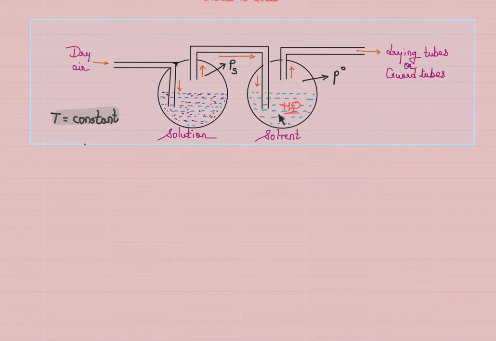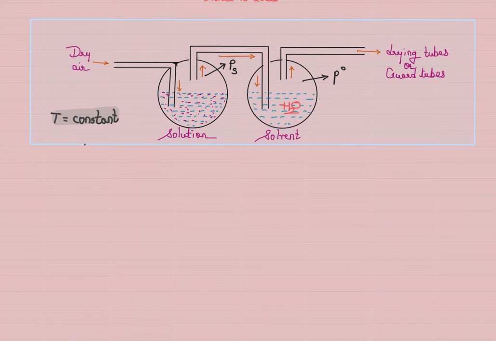Now the decrease in weight of this bulb would be directly proportional to the vapor pressure of pure water at temperature T, right? So if this had been alone, the decrease in weight would be proportional to PS, and if this had been alone with dry air passed through it, the decrease in weight of the bulb would be directly proportional to PO.